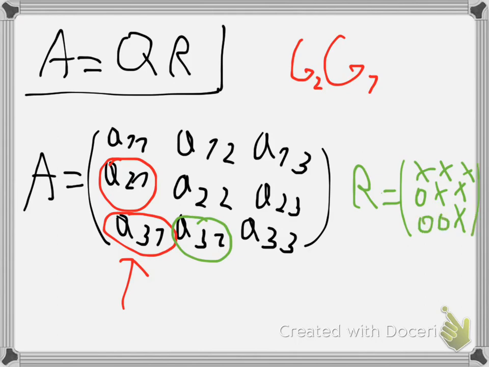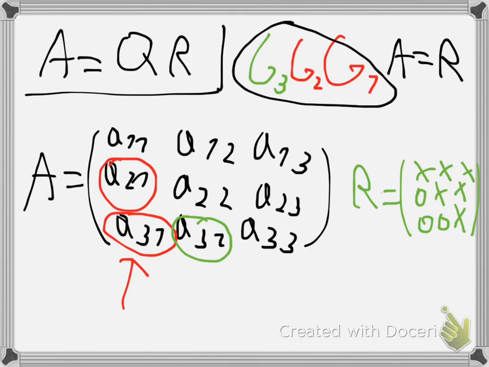That's our goal. And if we apply all these rotations, we will get our upper triangular matrix, and all these Givens rotations will be equal to Q transpose. So now, how do we proceed?